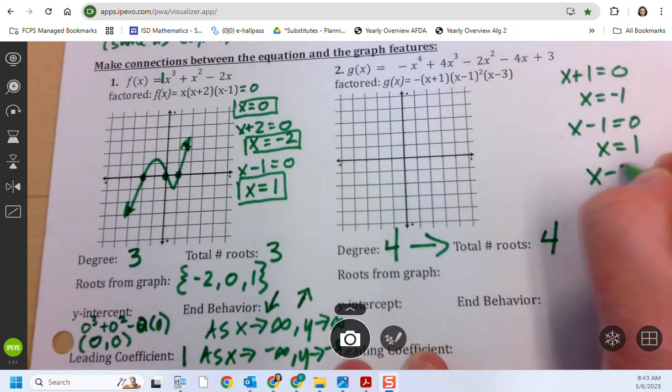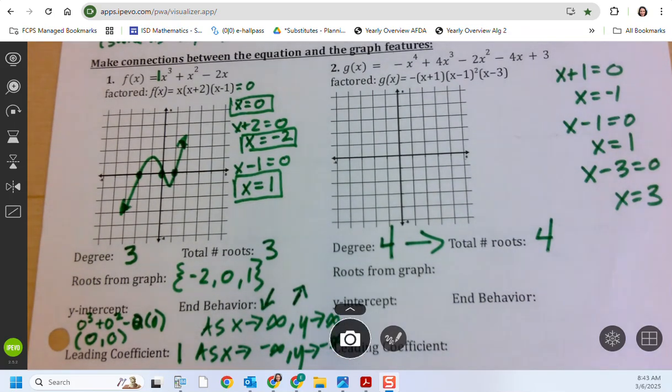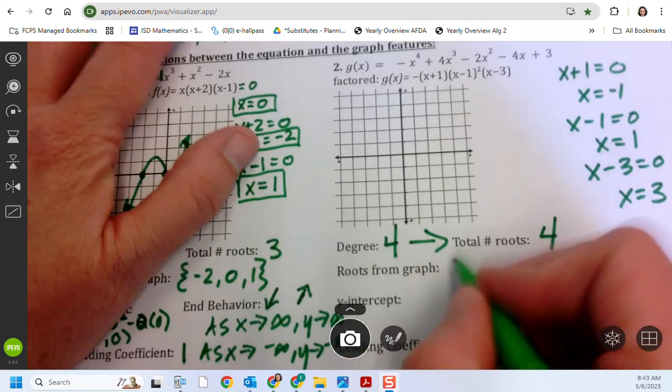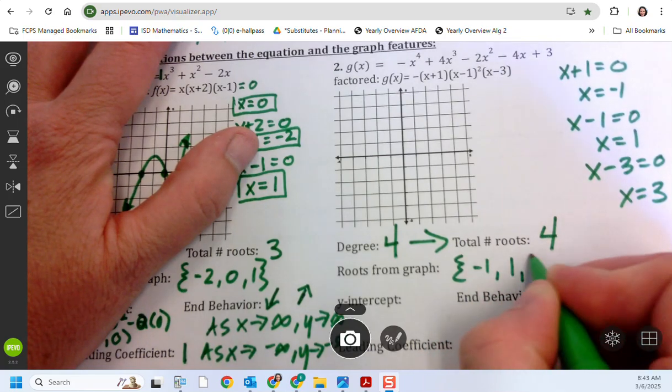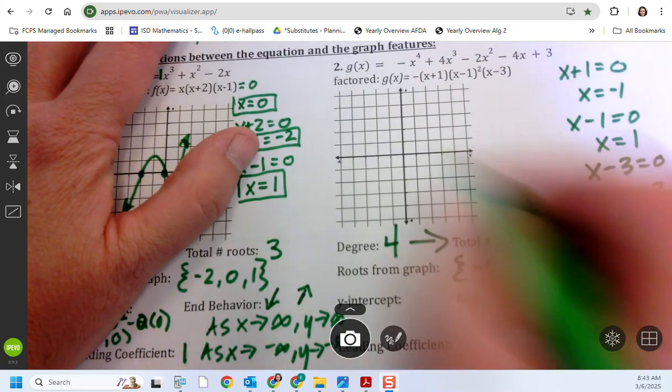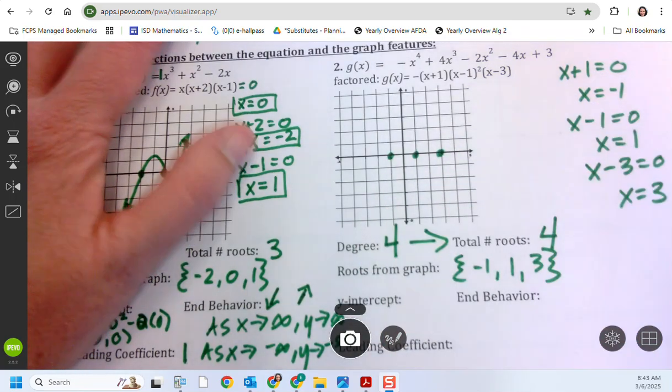And then x minus 3 equals 0 gives me x equals 3. Do you guys have any questions on those? Okay. So the roots were negative 1, positive 1, and 3. So you should graph those, negative 1, positive 1, and 3.